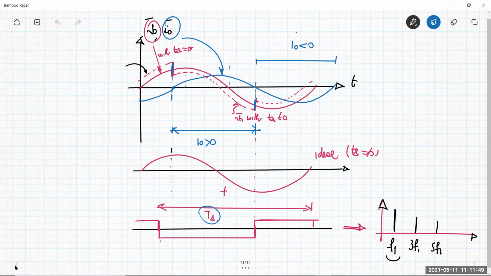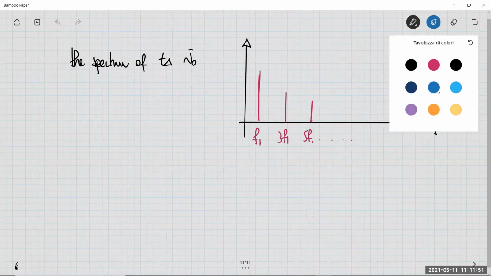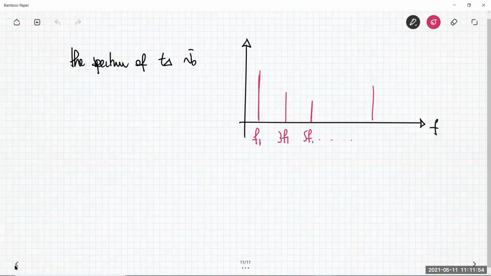And then you have the standard harmonics of the sine wave. So you have Fs, then you have intermodulation products, etc.